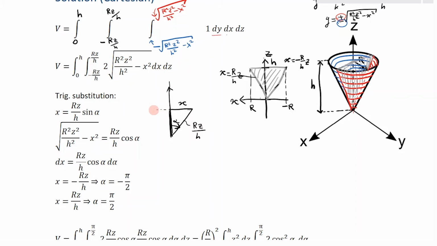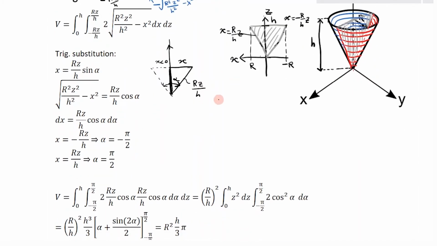We'll just have this situation, and x is less than 0 for this one. Then dx is rz over h cosine alpha d alpha. By the way, you don't have to draw this picture. If you like any other way to do trig substitution, you can use that.